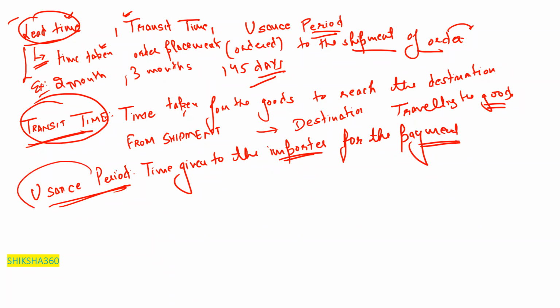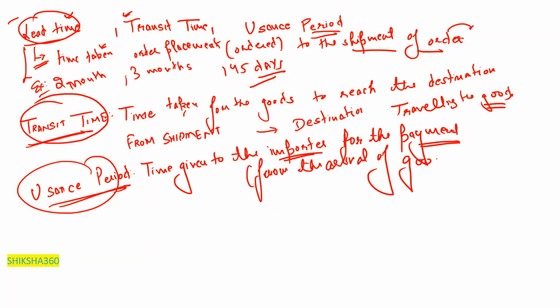That time is the usance period, counted from the arrival of the goods. For example, we may consider 4 months, 5 months, or 2 months, depending on the case.